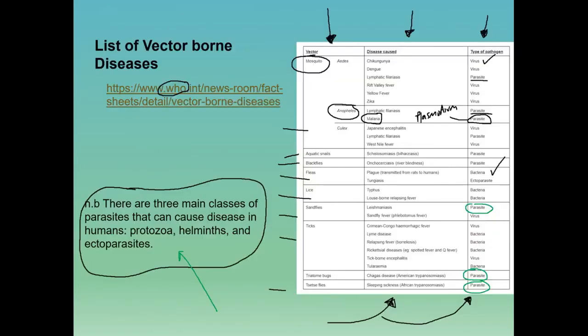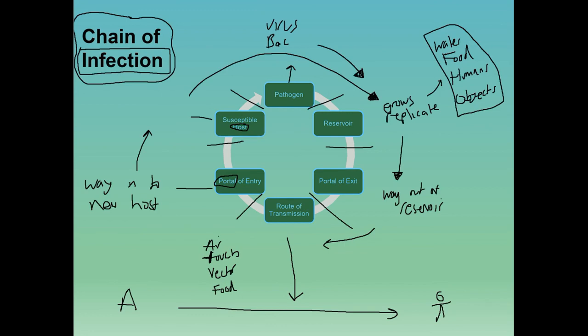What I'm after is for you to give an overview of the different vectors and the different diseases that are caused by pathogens, specifically vector-borne diseases, and then along with some nice definitions, to apply the cycle of infection, or the chain of infection, to one specific vector-borne disease of your choice.